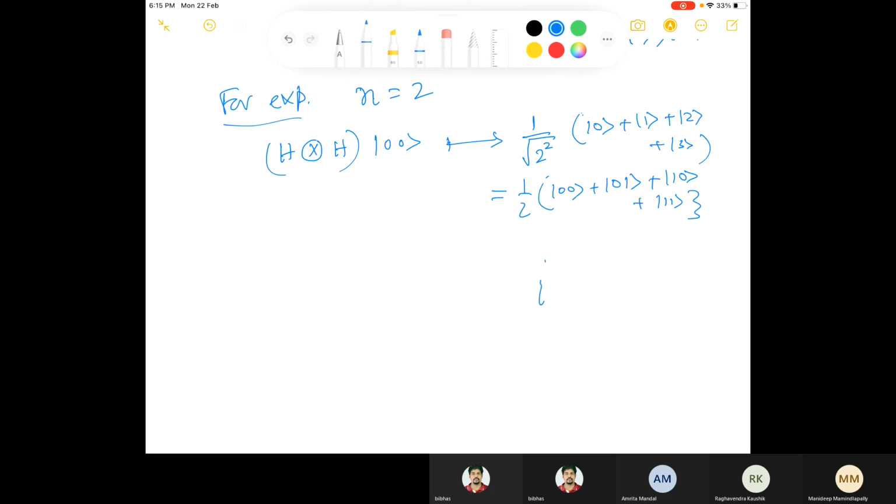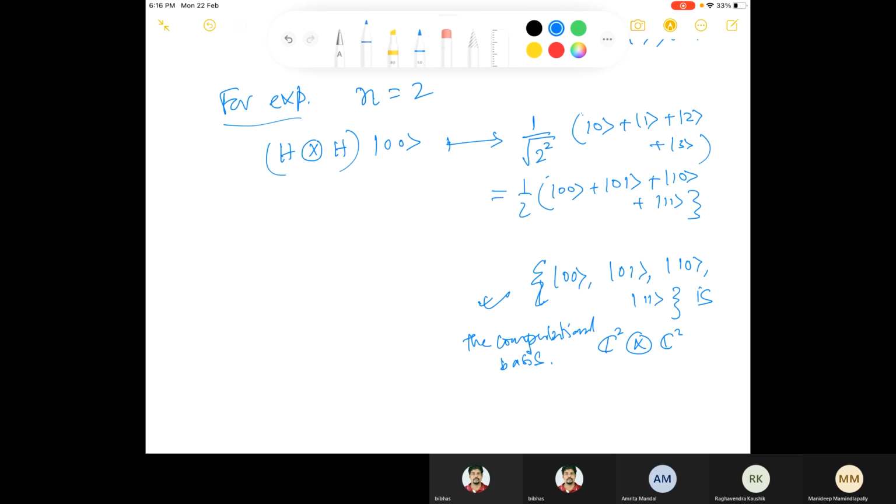These basis elements 0, 0, 0, 1, 1, 0, 1, 1 are the computational basis of C square tensor C square, the canonical basis, sometimes called the standard basis. So you can perform a measurement with respect to this basis.